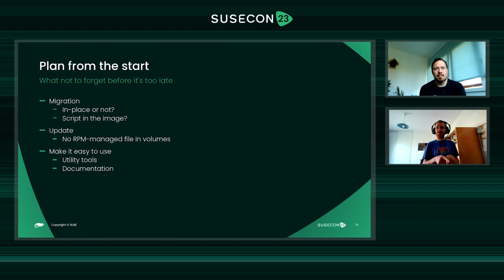If you do, then you need to deal with them during updates, because your volume will already be populated, but it will be mounted on top of the image, and the new version will be hidden. So you need to take care of this.